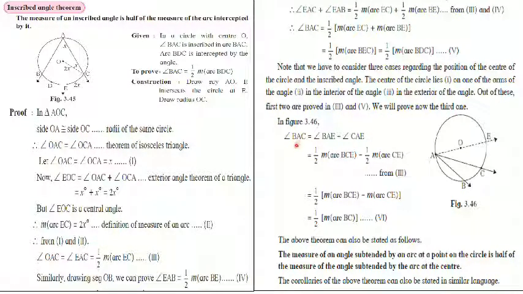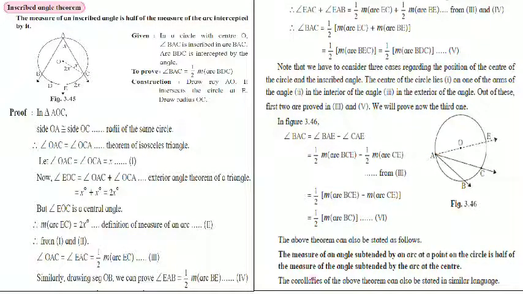Angle BAC, observe, you can express it as angle BAE minus angle CAE. So half the measure of arc BCE minus the measure of arc CE. So with half common, you have half of the measure of arc BCE minus the measure of arc CE. So you have half the measure of arc BC. Right?